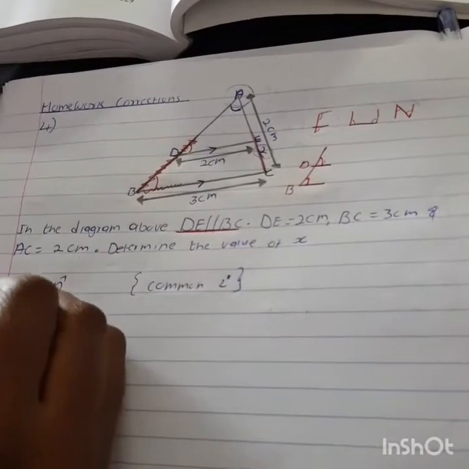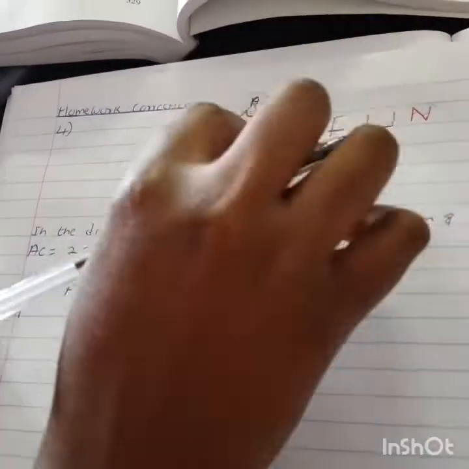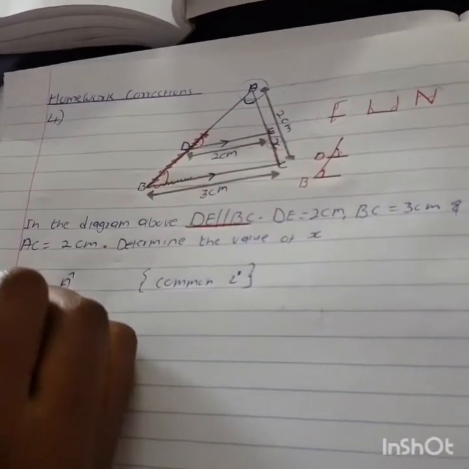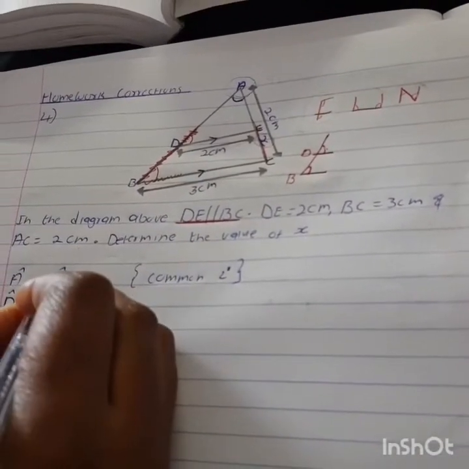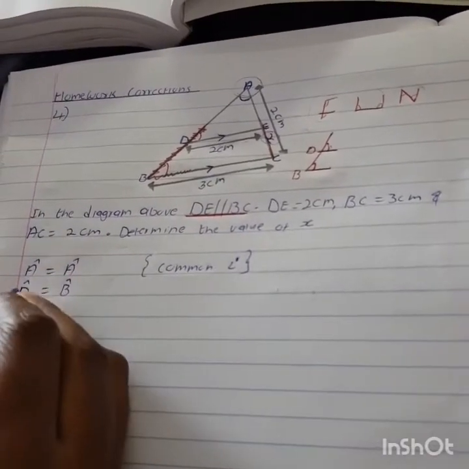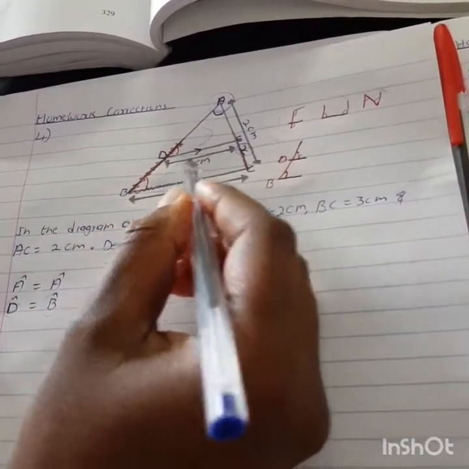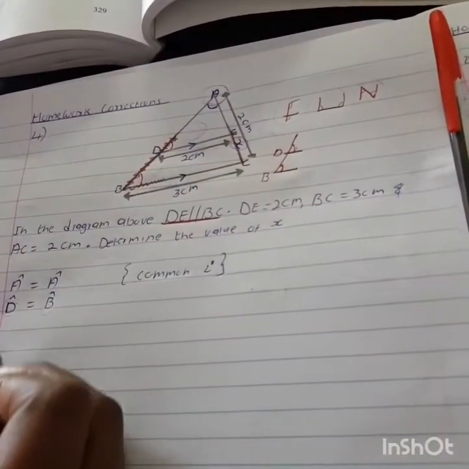Note, guys, if you start with the small triangle, angle D is equal to angle B. This angle is from the small triangle, and this angle is from the big triangle. So you must continue with the pattern.